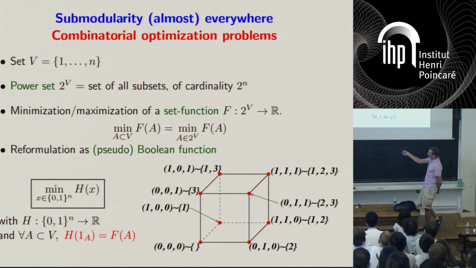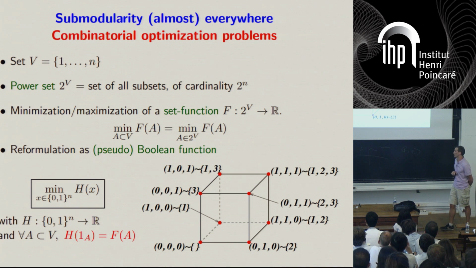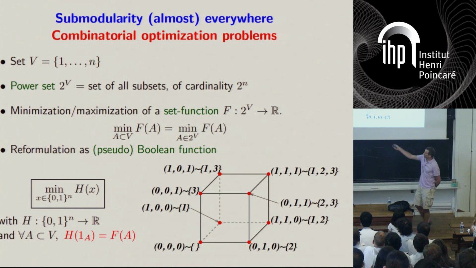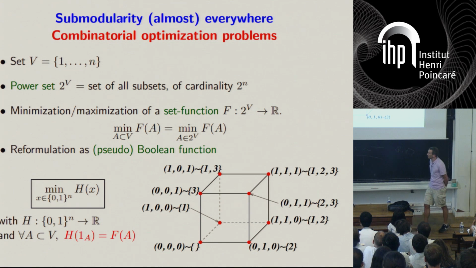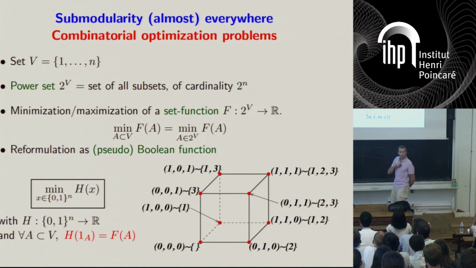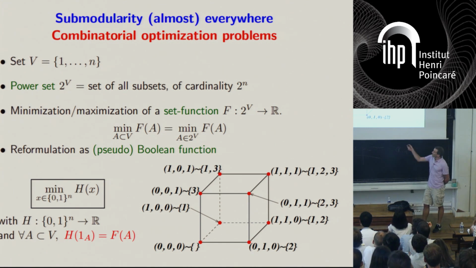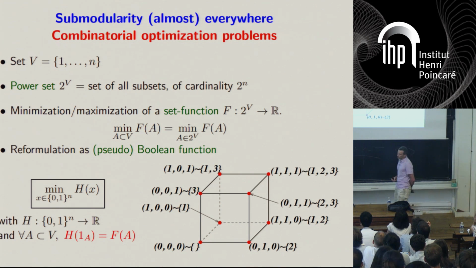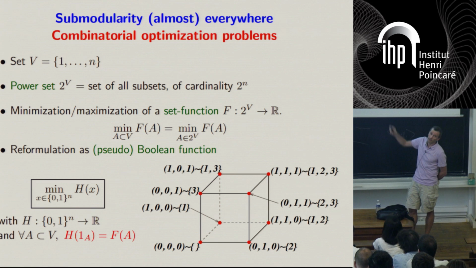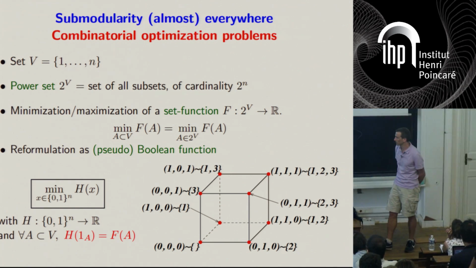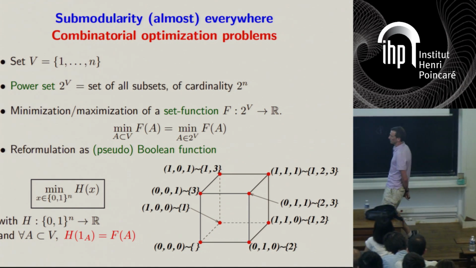Every vertex of the binary hypercube corresponds to a certain subset, and I want to minimize over x in {0,1}^n h of x. I'm showing this slide because most of the references on submodular functions use that notation, just to make clear that they are totally equivalent.